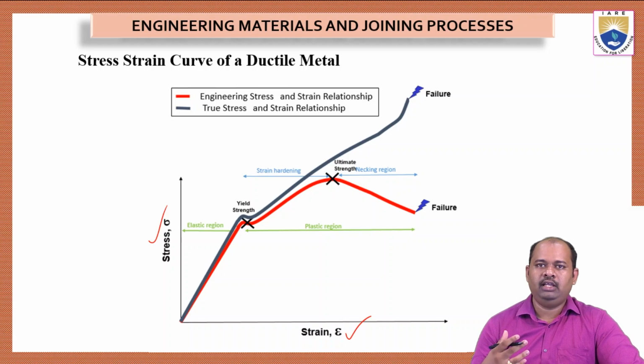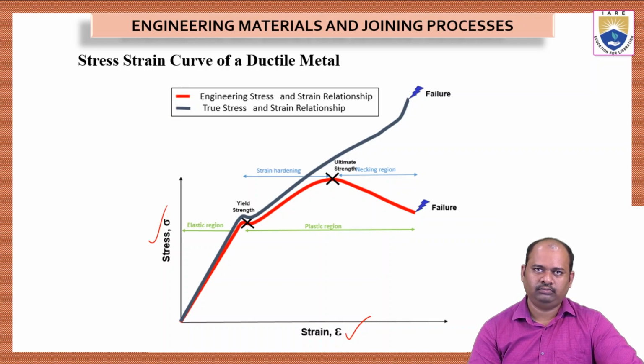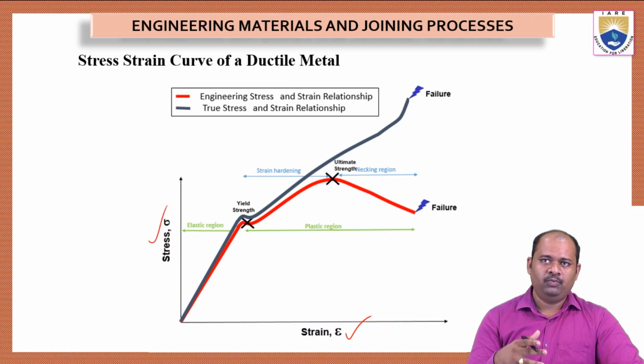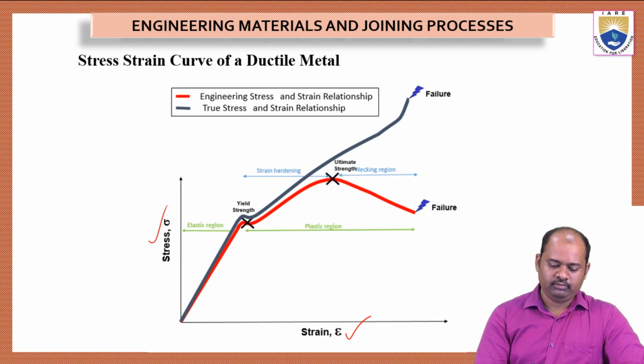We have to plot a line between these two in order to identify some good properties, and also in order to identify the behavior of metal when it is subjected to loading. Now before going into the explanation of this particular graph, we have to make some assumptions.